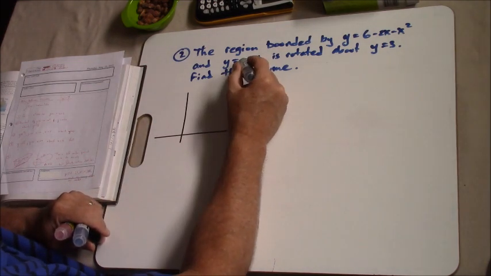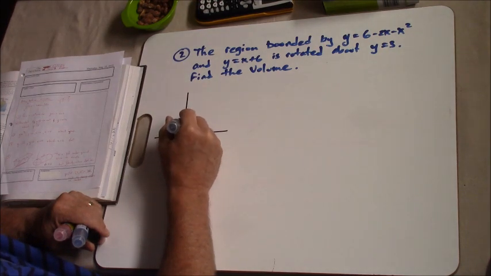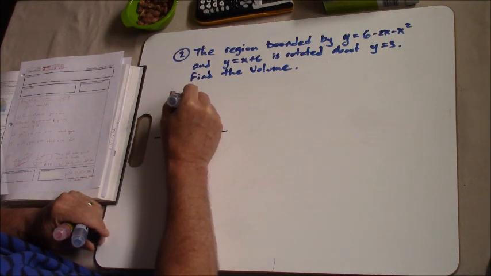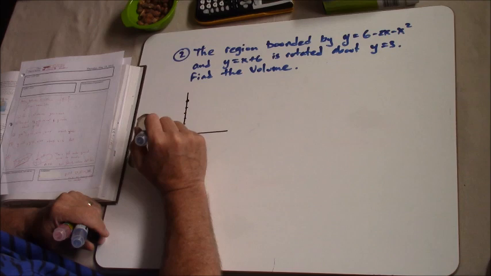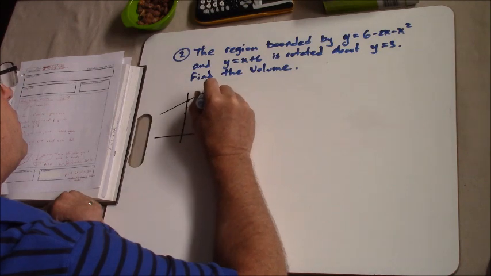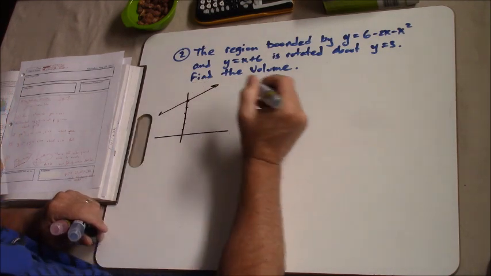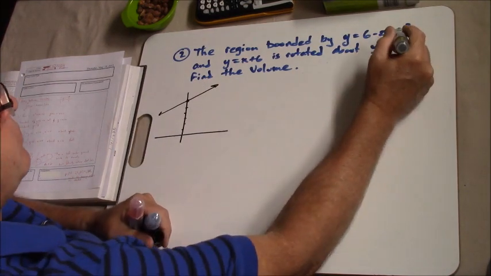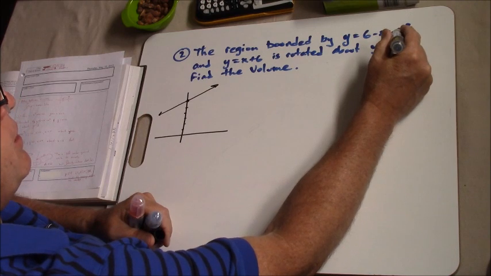let's see, I've got y equals x plus 6. So there's my y-intercept. And slope of 1. So this graph will look something like that. Here I have an upside down parabola.